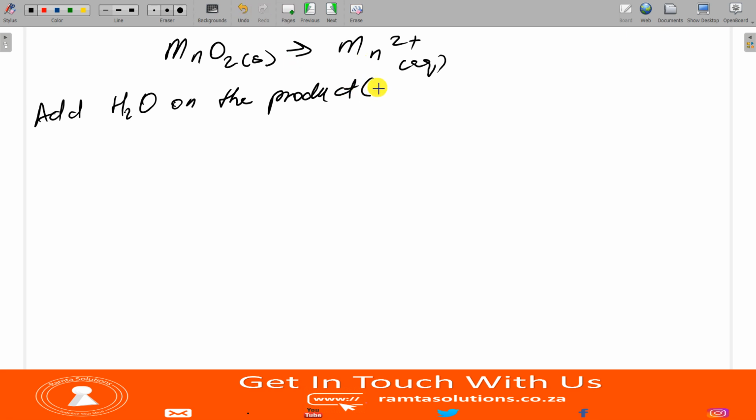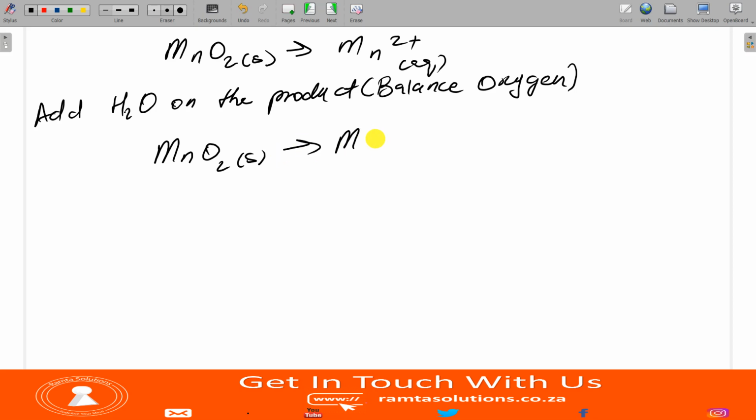In other words, balance oxygen. MnO2 solid, giving us Mn2+ aqueous. We're going to add water, H2O. Now let's try to balance them.